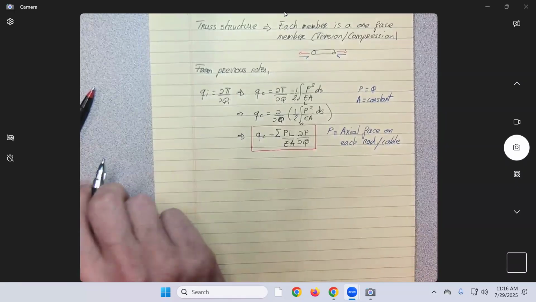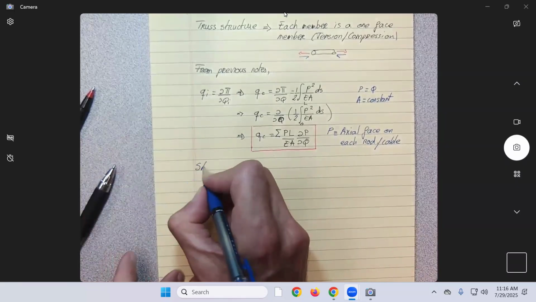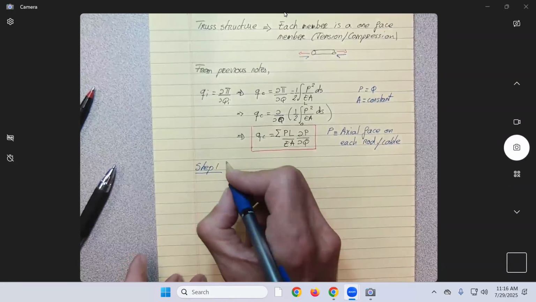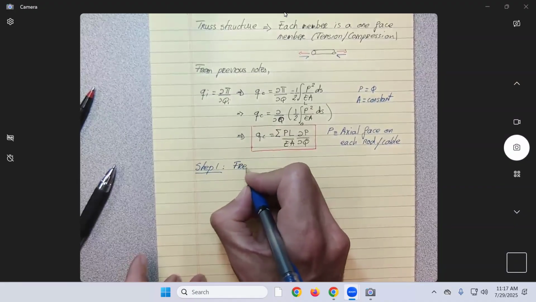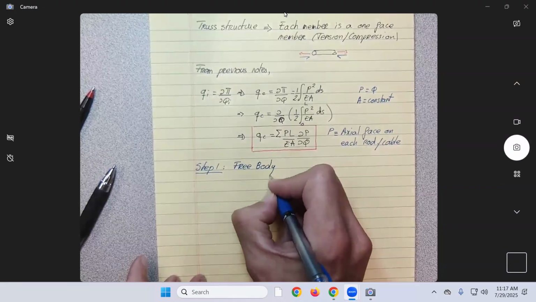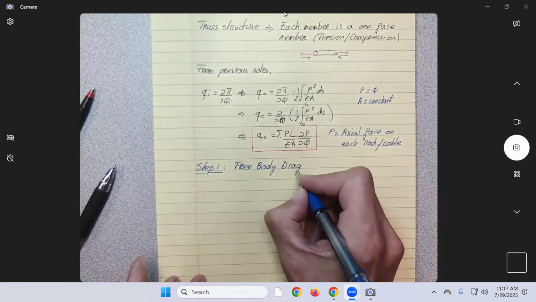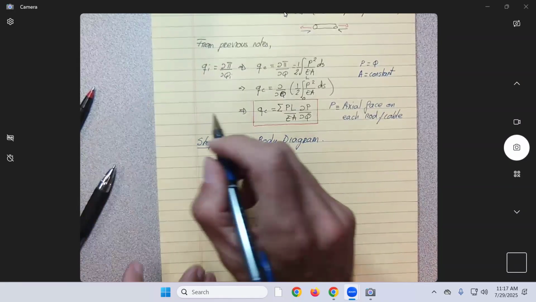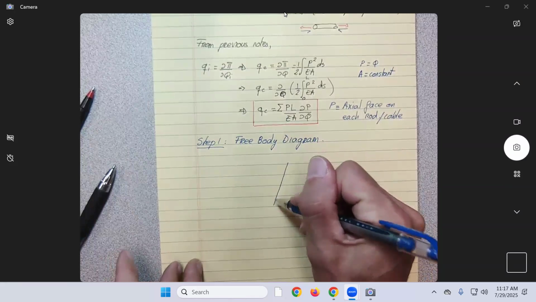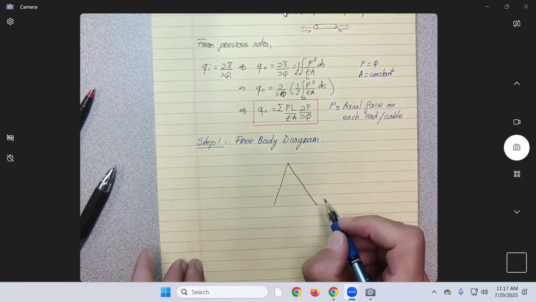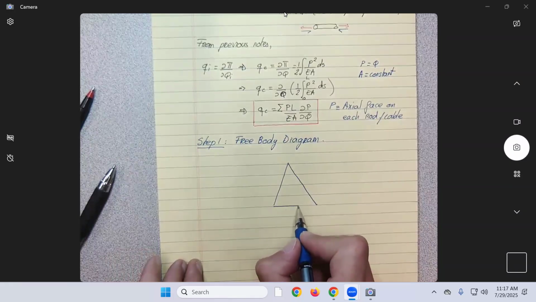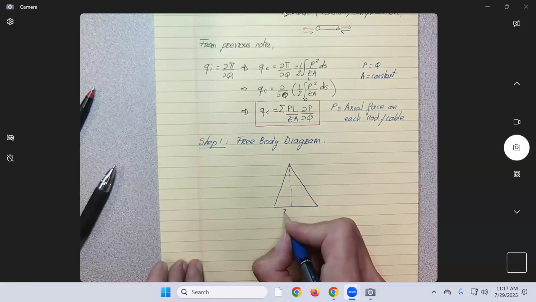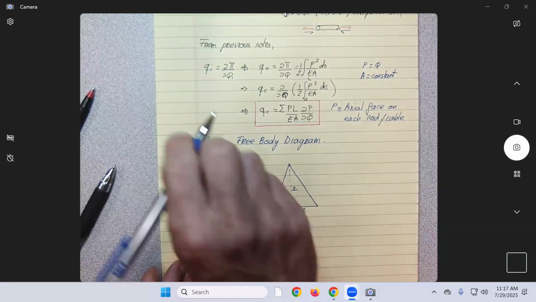Okay, so like always, step one, we're going to do a free body diagram, some type of figure. This will be like going back to statics, a long time ago. So let's see, we have here the figure, with dimensions 2, 2, 2.